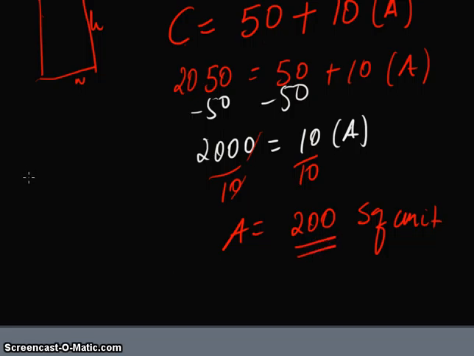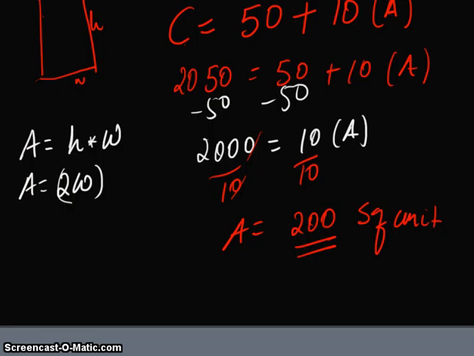But what is the area formula? The area of a rectangle is height times width, or base times width. Do we know what the height needs to be? Yes, the height needs to be twice the width.